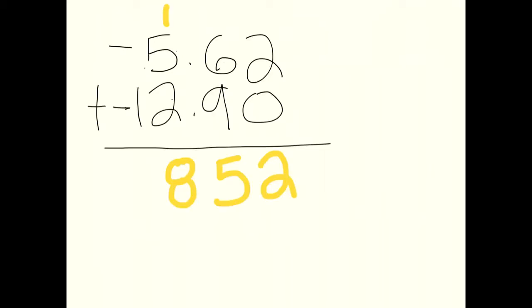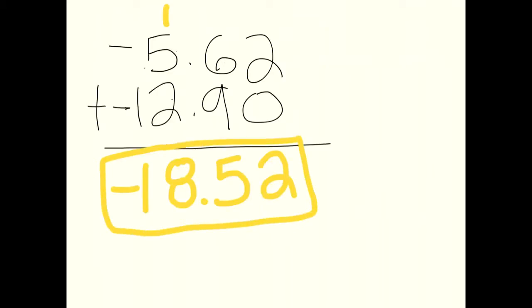And you bring down your 1. Equals 0 plus 1. Now you put your decimal in. Your answer is negative 18.52.